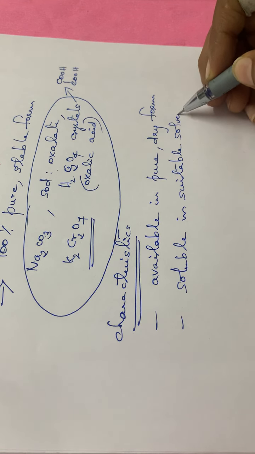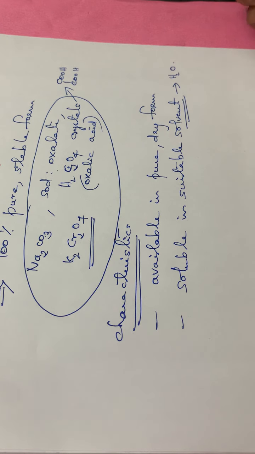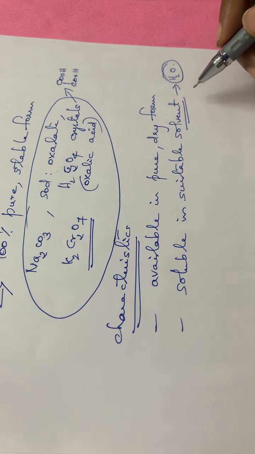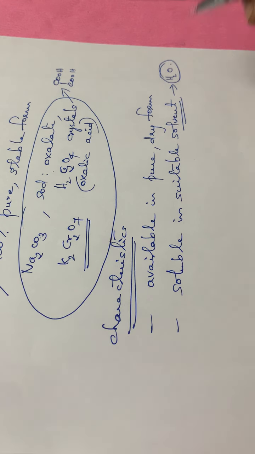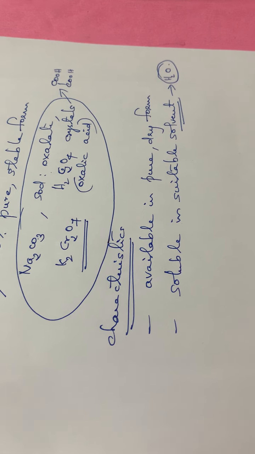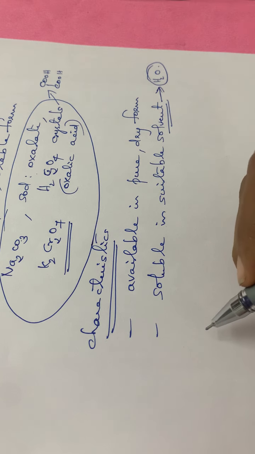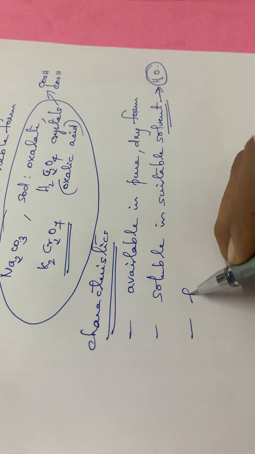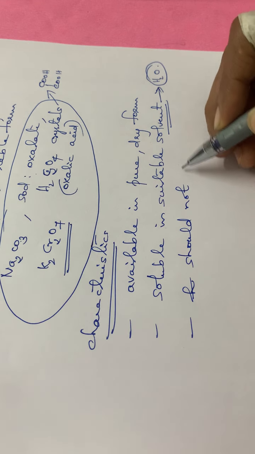Normally we use water as the solvent, so mostly it should be soluble in water. Water is a universal solvent and normally we prepare solutions in water. Then the next point, it should not be hygroscopic.